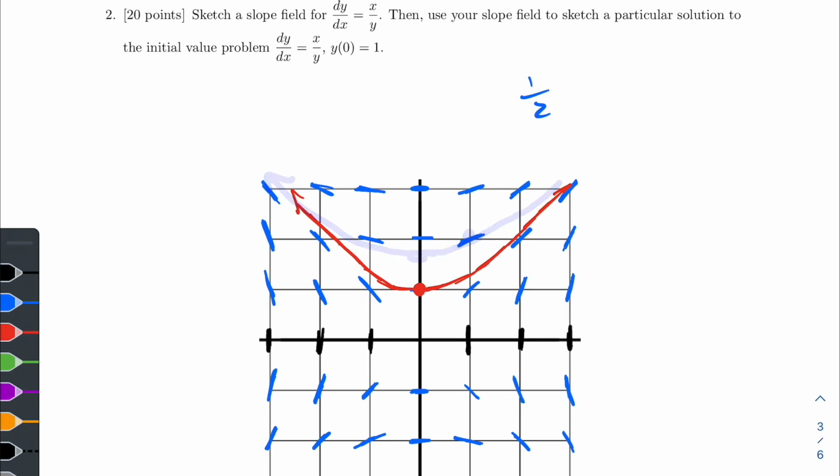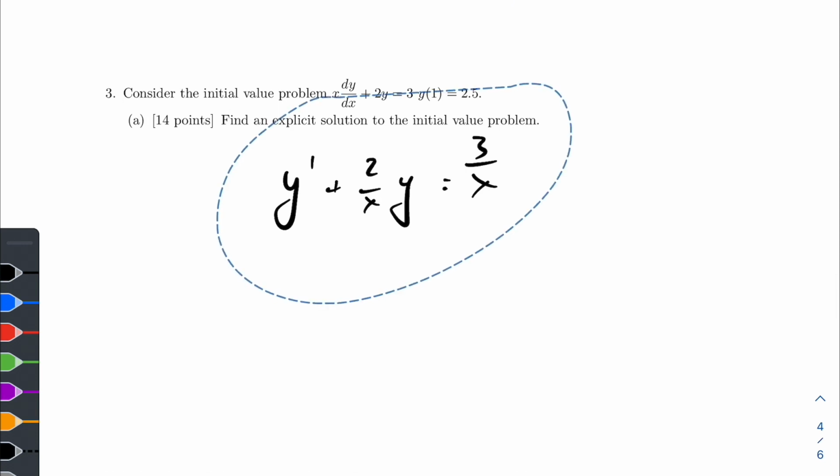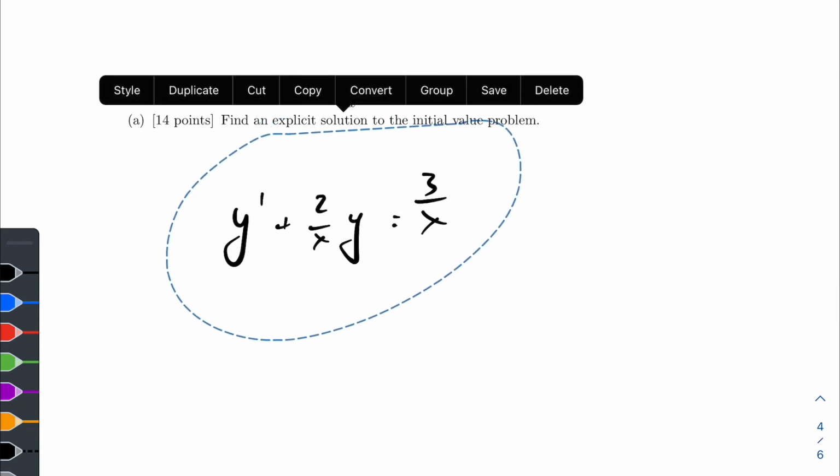If I were to start right here, it would do something like this. If you were to include these vertical lines, it would do something like that. Just go off like that. Anyway, this red curve right here, this would be our solution. Oops, I forgot to delete that from earlier, but whatever.